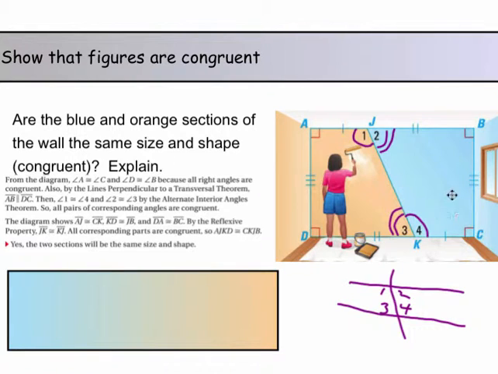And then I think the one that I didn't state so far is JK, okay? Those are congruent because of the reflexive property. And basically what that means is because they are the same line, they have to be congruent with each other. Okay, so JK is congruent to KJ.